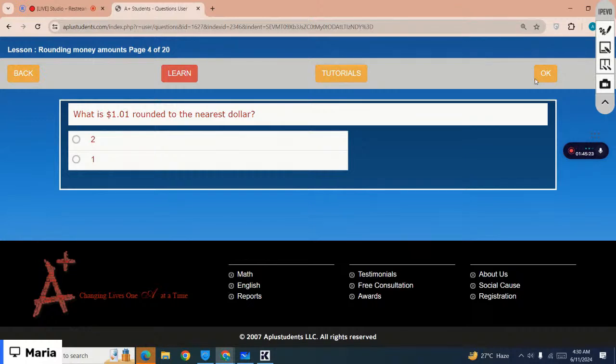What is 1.01 rounded to nearest dollar, which is the correct option? The correct option is 1. It is option number 2.